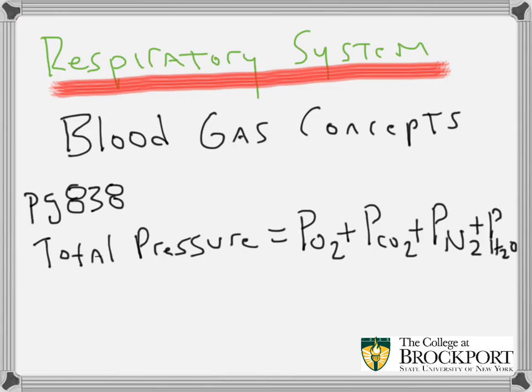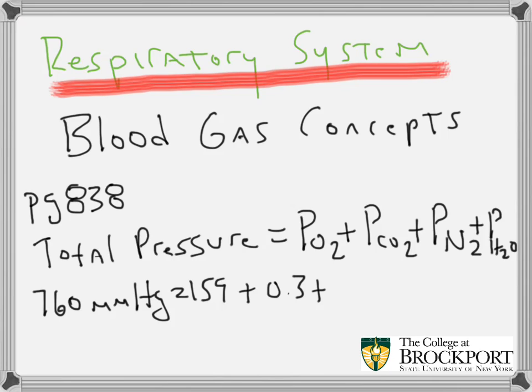And what we know is at sea level the total pressure is 760 millimeters of mercury, and that's equal to the pressure of oxygen, which is 159 millimeters of mercury, plus the pressure of carbon dioxide. That's only 0.3 millimeters of mercury. Very little, right, compared to what's in our blood. The pressure of nitrogen, which is 597 millimeters of mercury, plus the pressure of water, which we're going to estimate at 3.7 millimeters of mercury, or 0.5%.